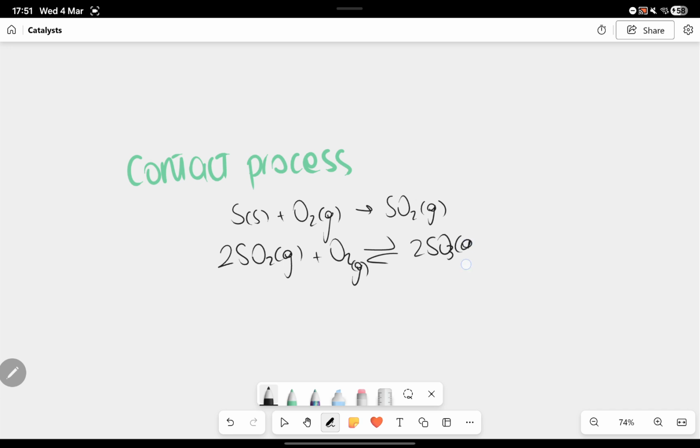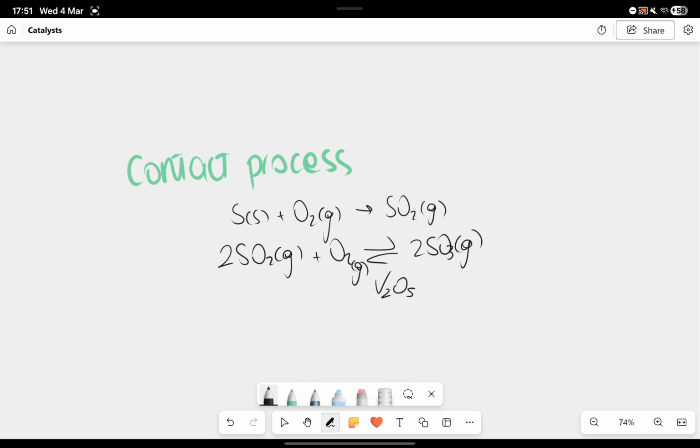Now, this second step is catalyzed by vanadium, specifically V2O5, vanadium oxide, with vanadium in the oxidation number of +5.